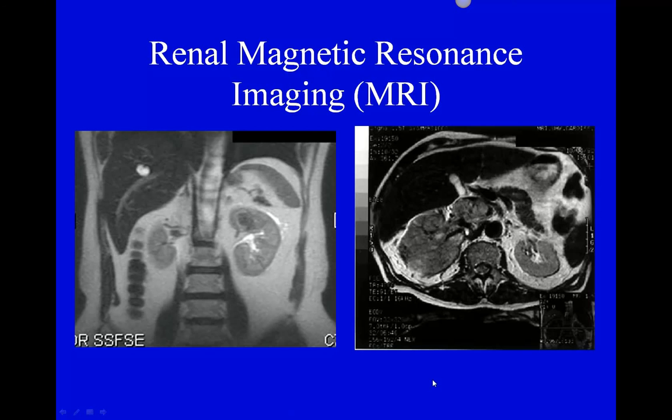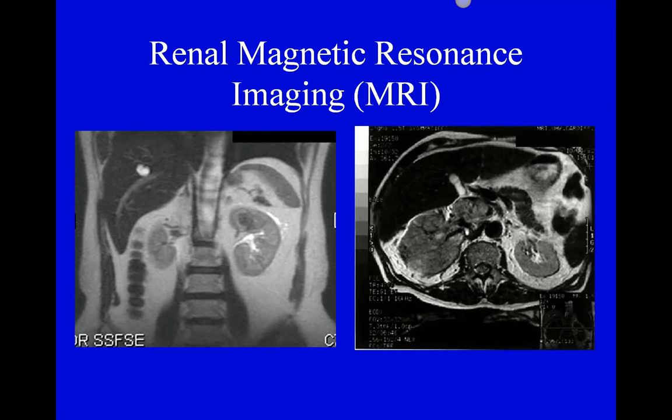Now we're moving to a different procedure called MRI, a magnetic resonance imaging procedure. With MRI, we're using a large magnet to take pictures of your body. And we're going to talk about MRI throughout the semester.